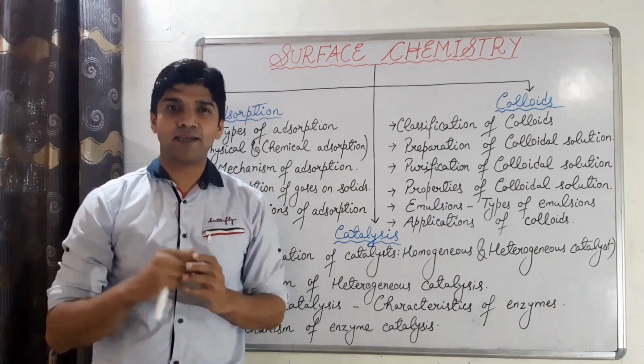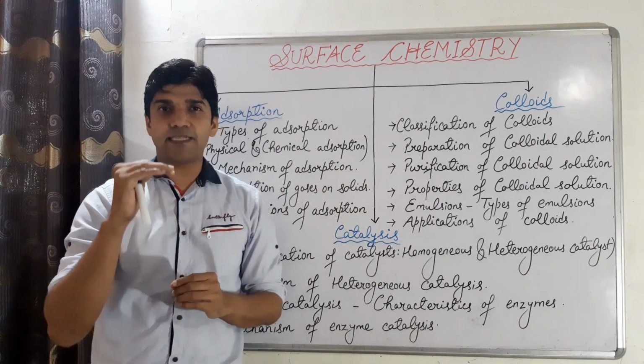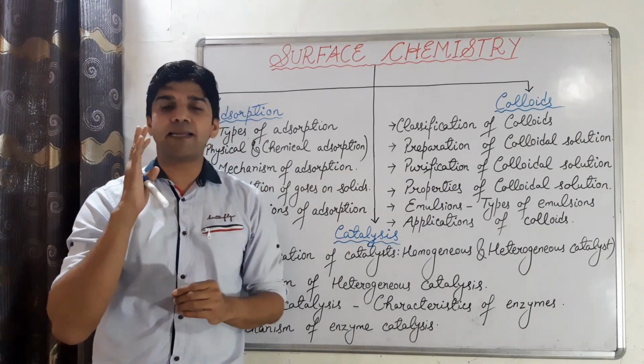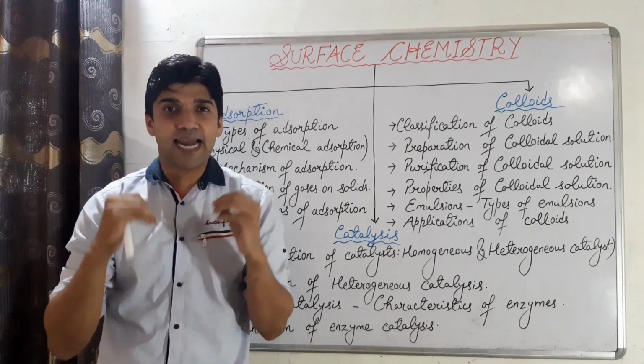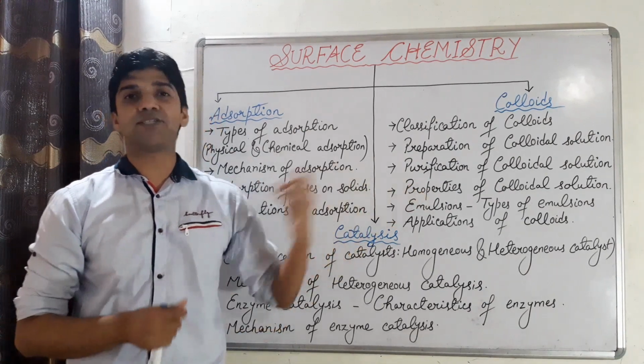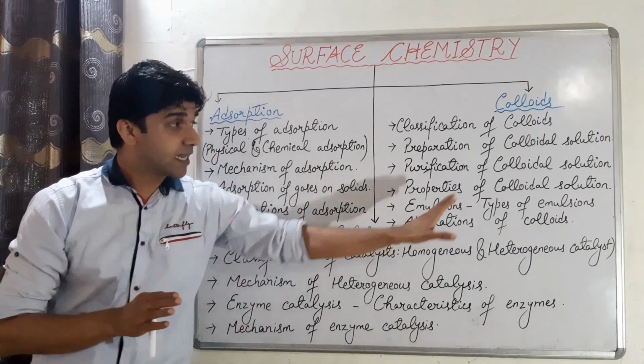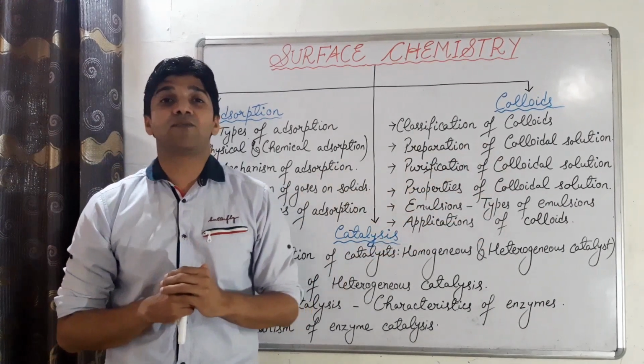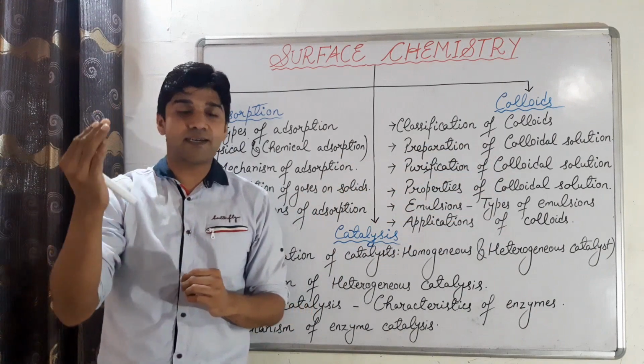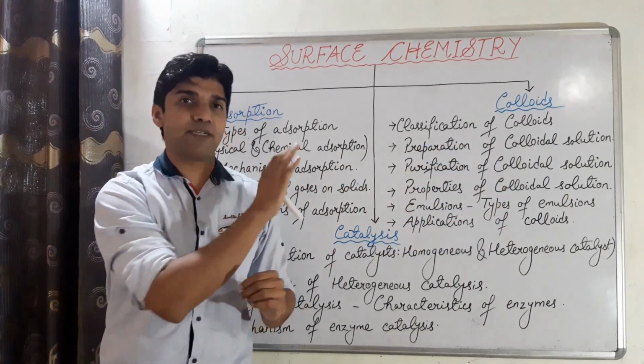Emulsions क्या होते हैं? If the dispersed phase and the dispersion medium are in the liquid state, then that colloid is called emulsion. So we'll thoroughly discuss about emulsion here and the types of emulsions, which are actually oil in water and water in oil emulsions.